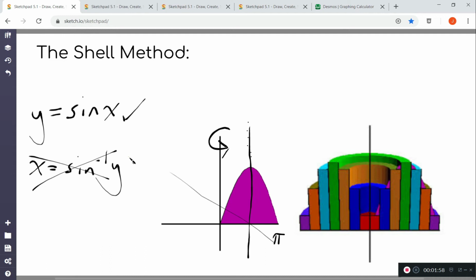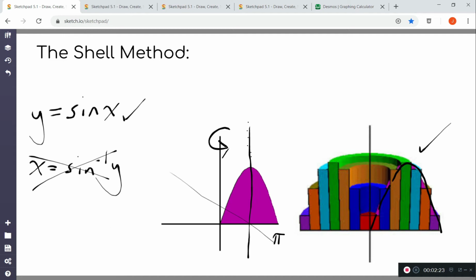The shell method is going to look something like this, where we have these cylindrical shells around the solid being generated. If you look, you can see the y equals sine x curve hidden behind those sections.